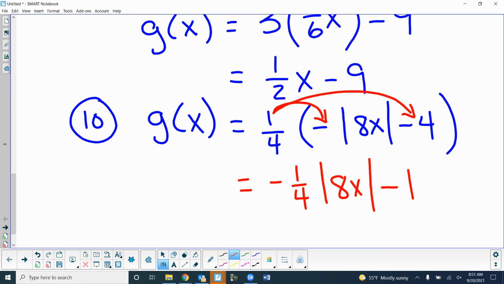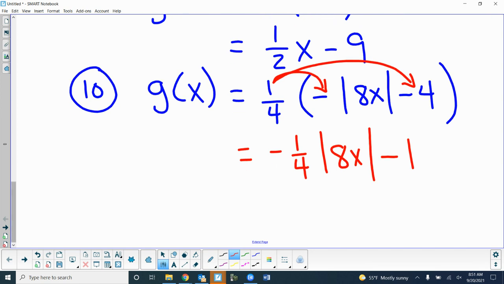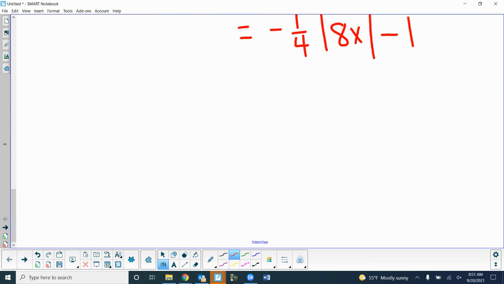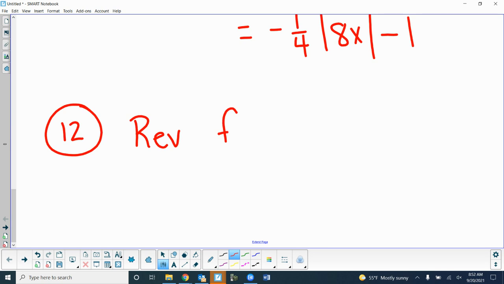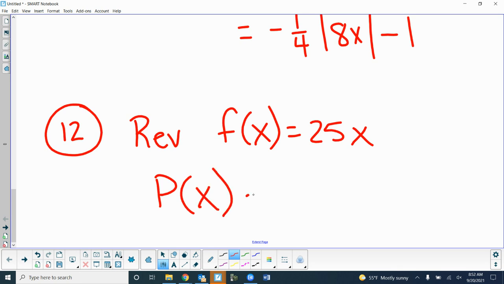Number 12 was the revenue profit problem we talked about. Okay, so again, our revenue was 25 times x. And then it says profit, which means equals in math, $5 more than 30% of the revenue.